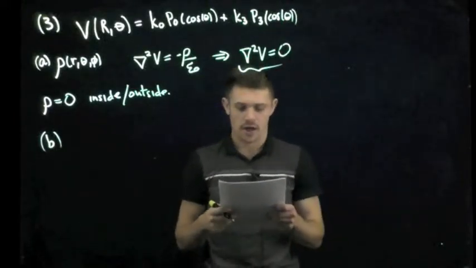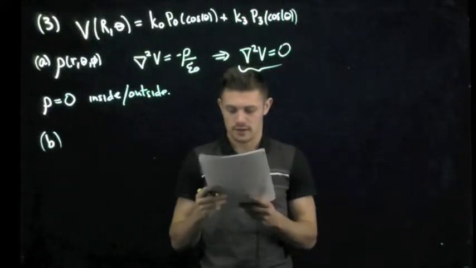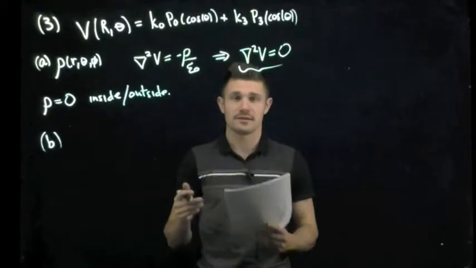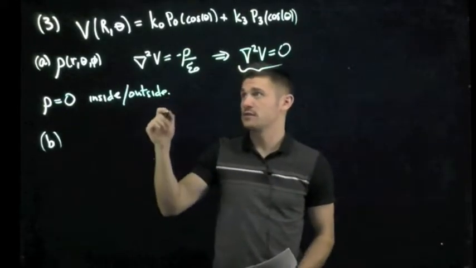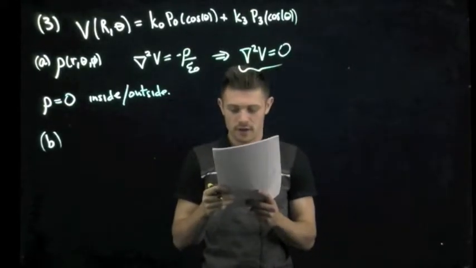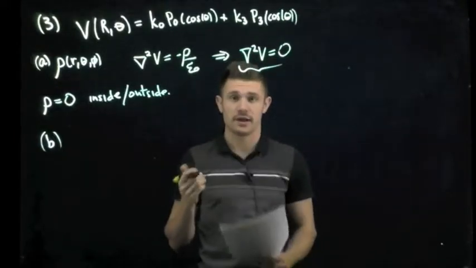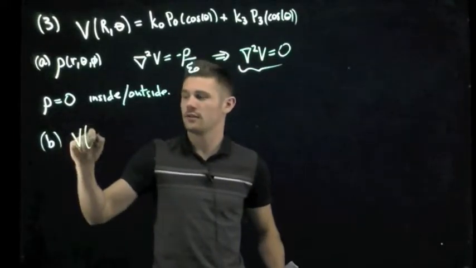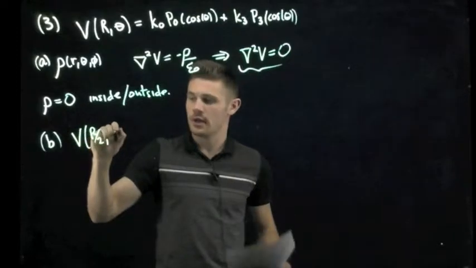Part B asks us to find the general form of the solution inside the sphere for the solution V of r and theta, and then it asks you to evaluate that at a certain point. So we want to find V of R over 2 and pi.